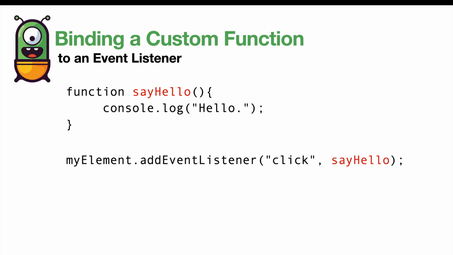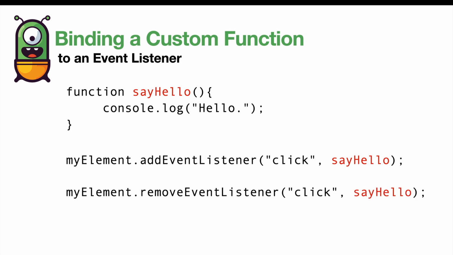The other thing that this allows us to do, and this is very convenient, but it only works if you're adding and removing the same exact function, is that the remove event listener method can be attached, and that will actually take that event listener off that element.